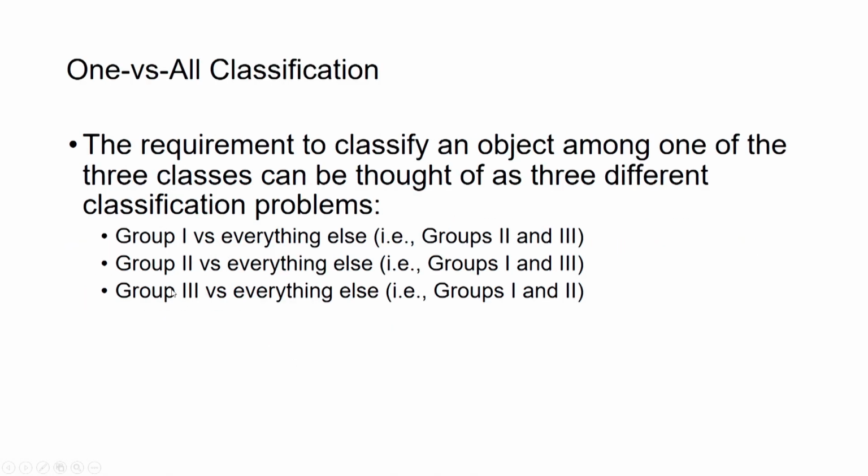Using the first model, we will find the probability of belonging to class 1, from the second model we will get the probability of belonging to class 2, and from the third logistic regression we will find the probability of belonging to class 3, and whichever is the highest, we can assign that class. So, using the sigmoid function and logistic regression, we can solve multi-class classification using binary classification like this.